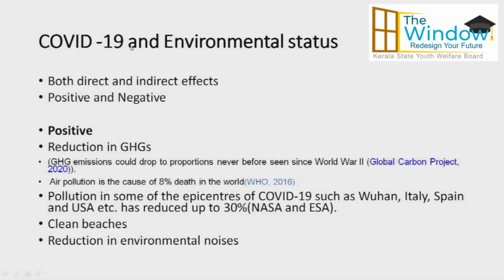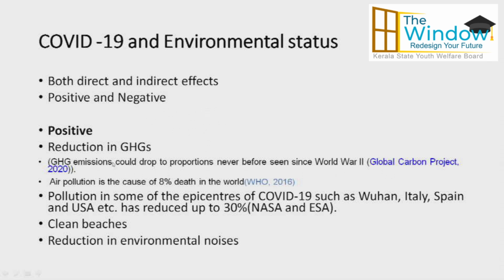Then in the case of COVID-19 and environmental status, because we have focused on environmental protection and sustainable development, the Indian economy faces both direct and indirect effects, and positive and negative effects. In the context of India, which are the positive effects? We can compare the international reports with the Indian context also.